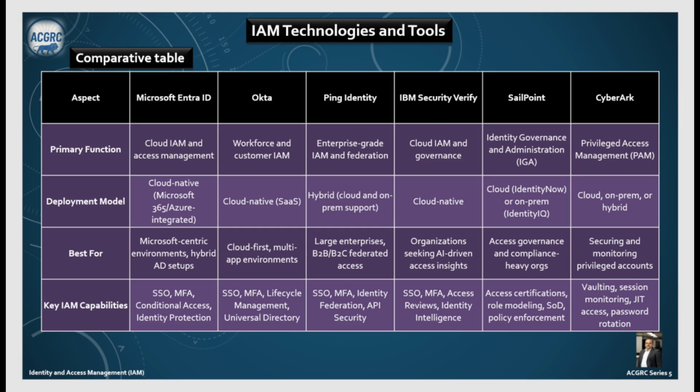It's best for securing and monitoring privileged accounts. Key capabilities, well, vaulting, session monitoring, just-in-time access, and password rotation. Similarly, when compared to other tools, that's a reference on the screen. You can take a pause, screenshot, and use this in any report or presentation that you would like to have.